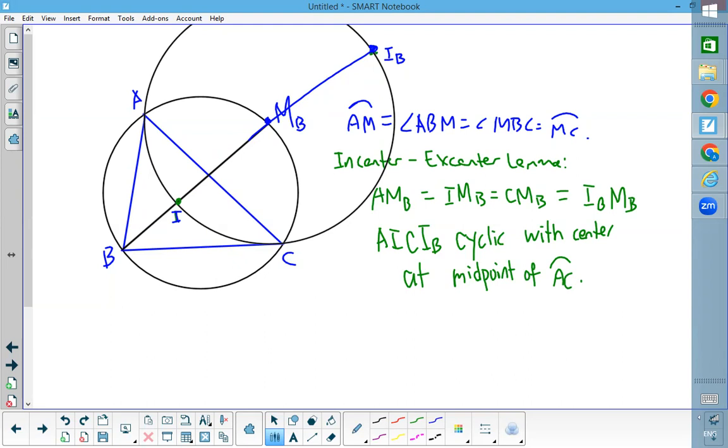We want to extend the angle bisector to the circumcircle, because you get to the midpoint of the arc. When you have the midpoint of the arc, you can do a lot of interesting angle chasing.